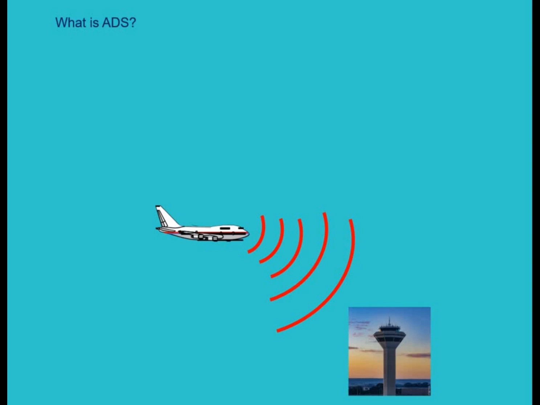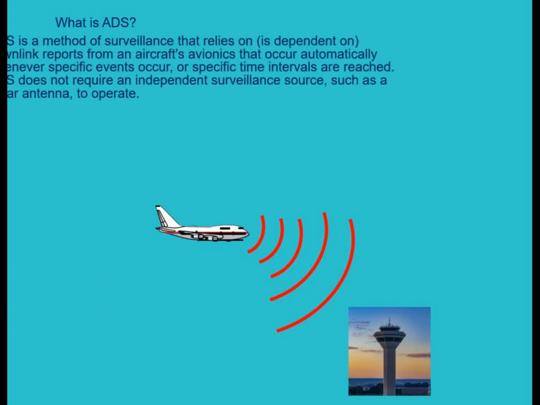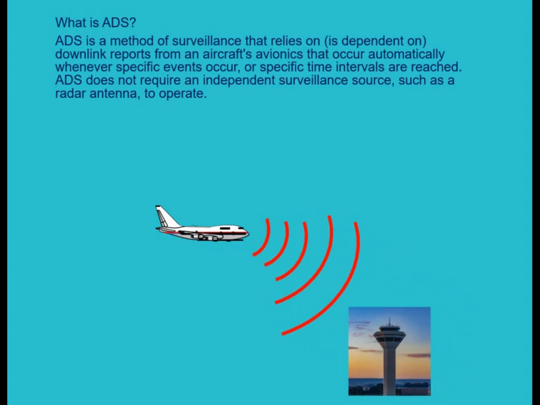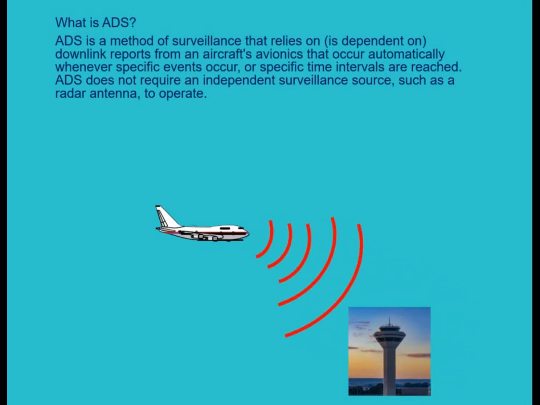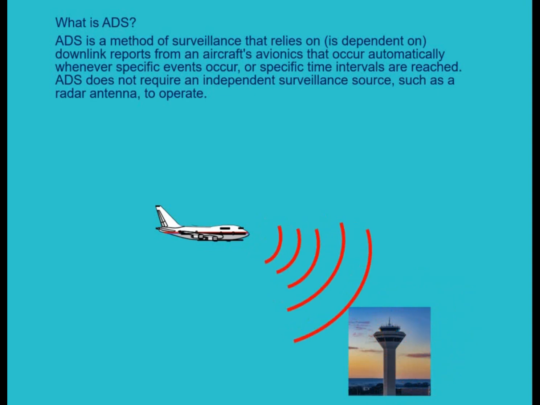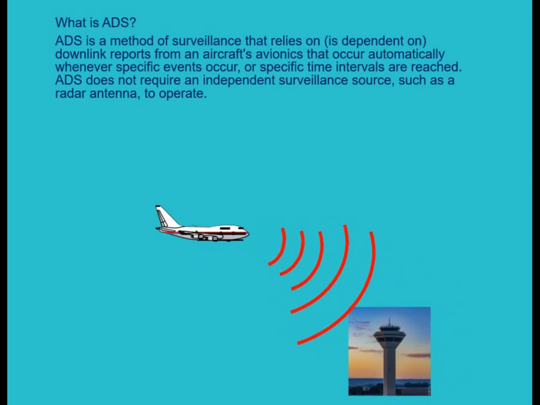It can be defined or described as a method of surveillance that relies on downlink reports from an aircraft's avionics that occur automatically whenever specific events occur or specific time intervals are reached. ADS does not require an independent surveillance source, such as a radar antenna, to operate.